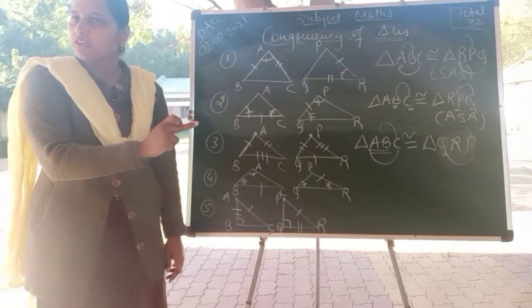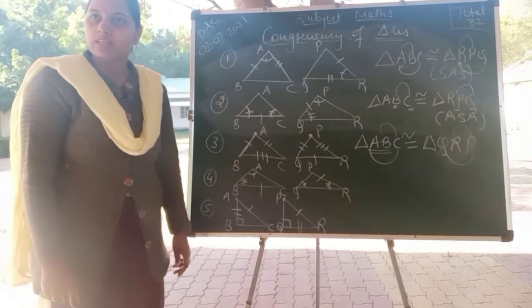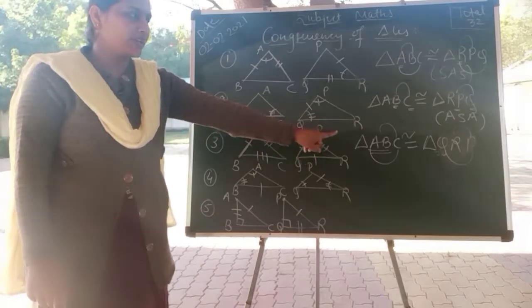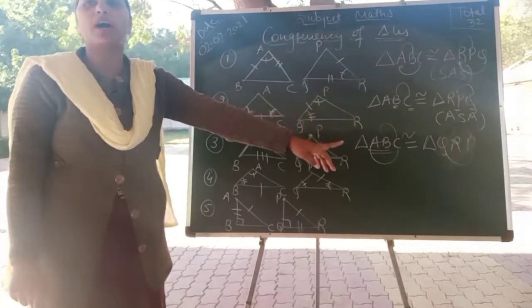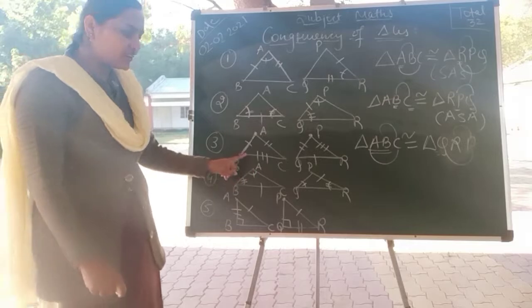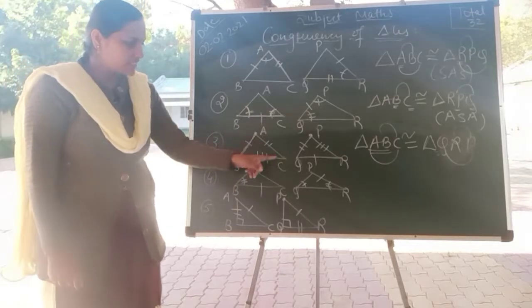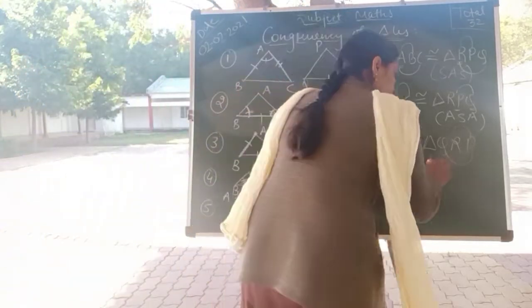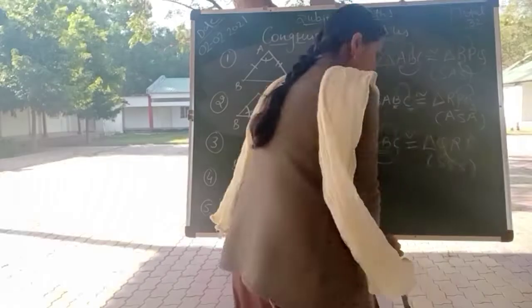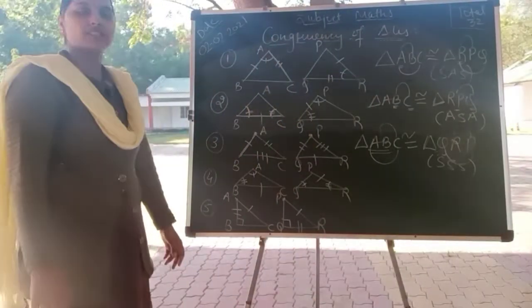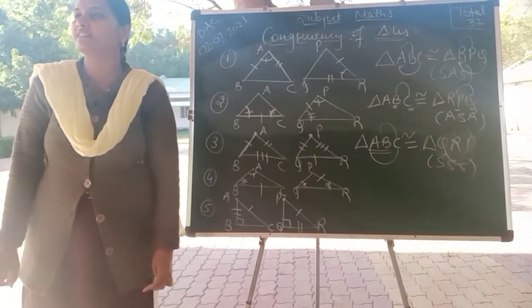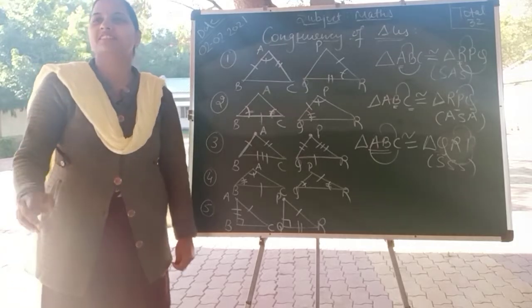Correct? Now it is following the corresponding parts correctly. So yes, triangle ABC is congruent to QRP, not PRQ. By which criteria? SSS. Okay. SSS. Done. Now next question. Who will answer? Yes. Saurabh.